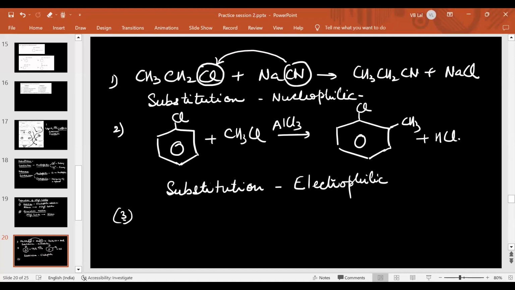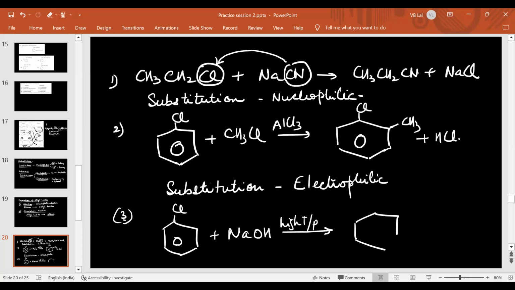Supposing I have the benzene ring and Cl and I reacted with NaOH, high temperature and pressure. Then Cl is replaced by OH. What type of reaction is this?